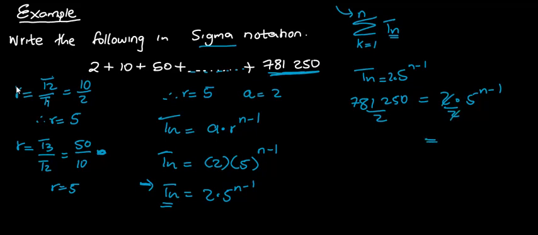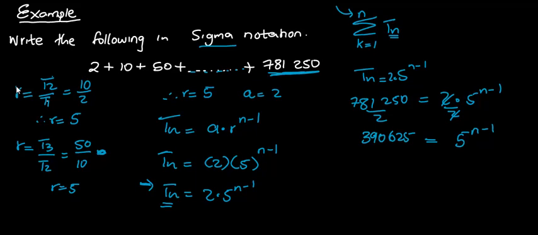I'm going to have 5 to the power n minus 1 equal to 781,250 divided by 2. It gives us 390,625.